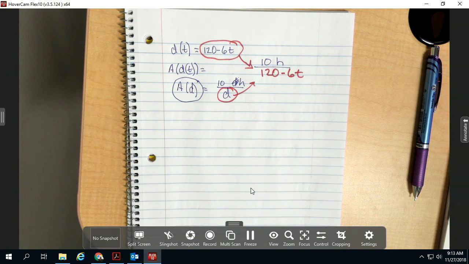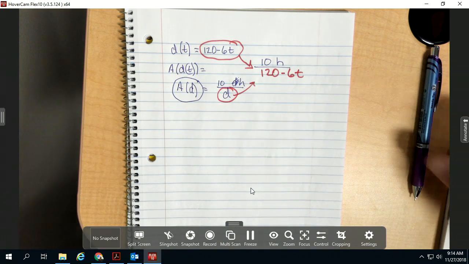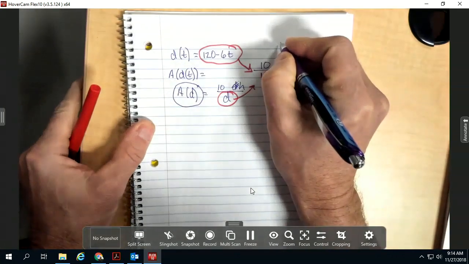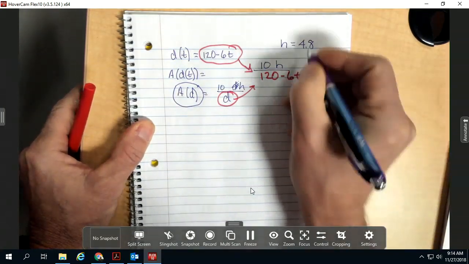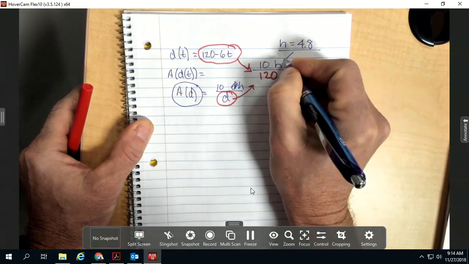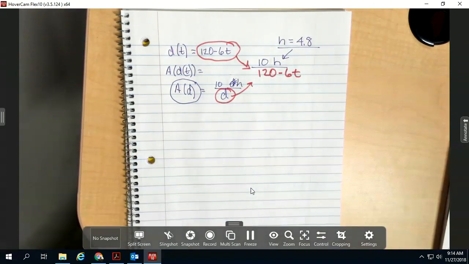And our second machine takes 10 times the height divided by that distance. Well, we don't know how tall the height is, but it does say here that our train is 4.8 meters tall. So we could have substituted it in. H is a parameter here, 4.8 meters.